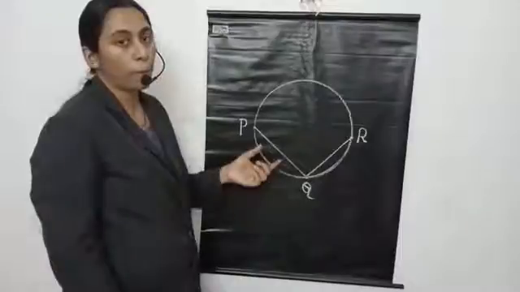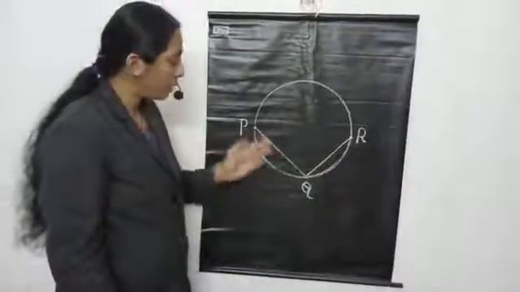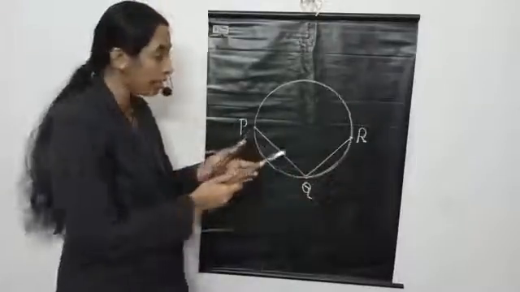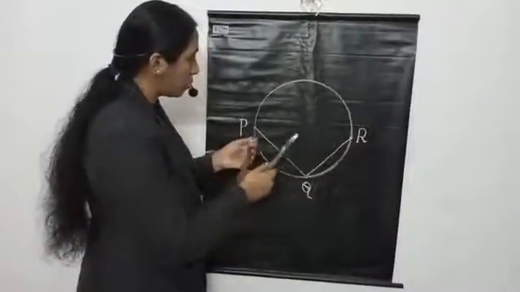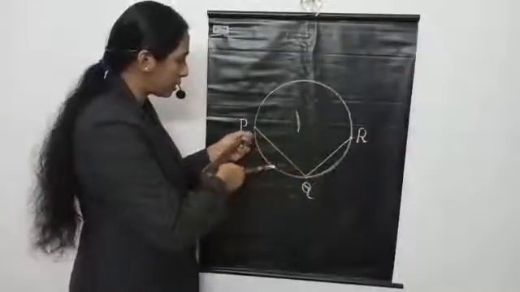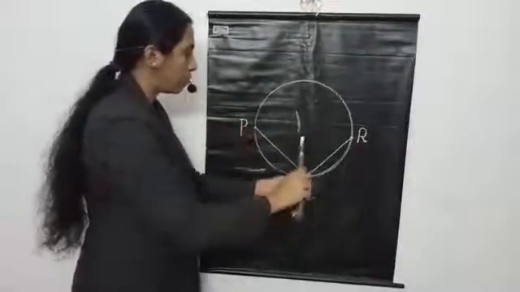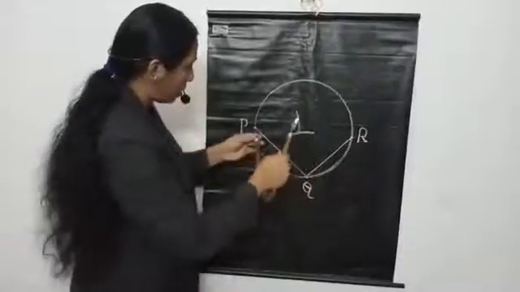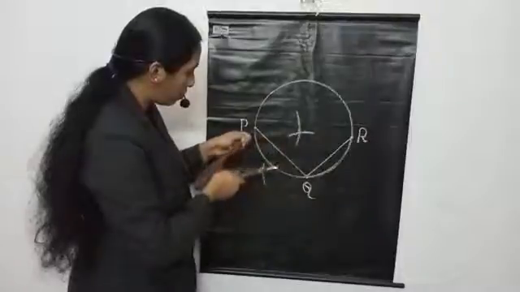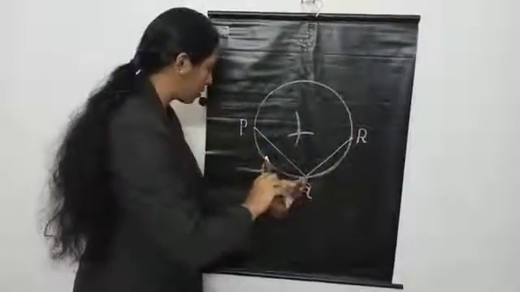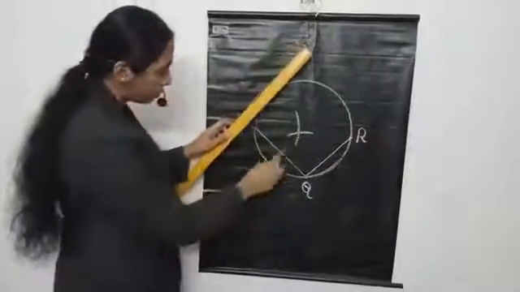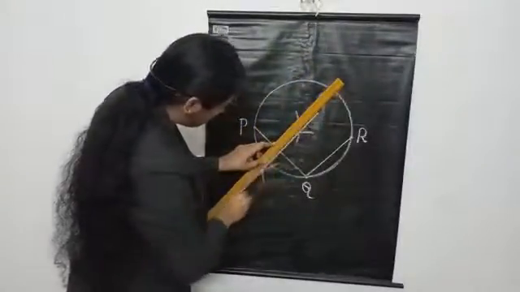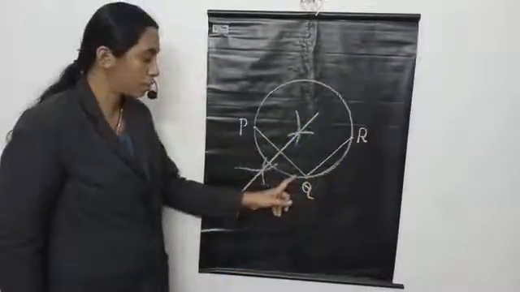Third step, draw perpendicular bisectors for PQ and QR. You know how to draw a perpendicular bisector, so use a compass. Do you remember how to draw a perpendicular bisector? Now we get 2 points, and join these 2 points. This is the perpendicular bisector for PQ.